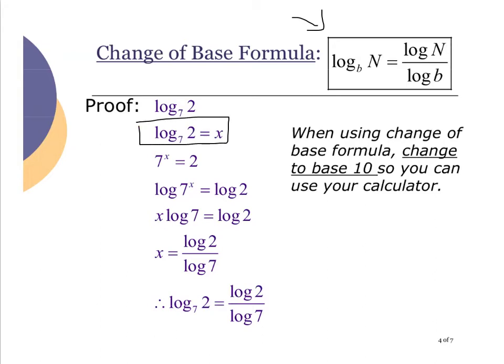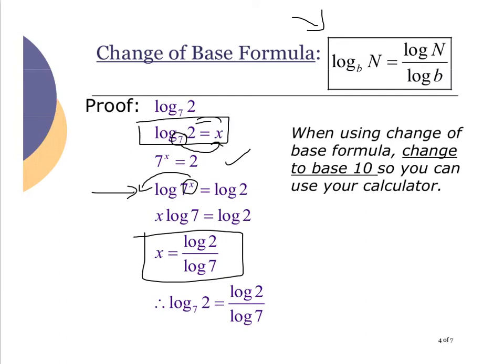And then you use your swirly method if you want, so you're going to go 7 to the x is equal to 2, and that's this one. Because I have the exponent to the power, I'm going to take the log of both sides. That's that step. The x is going to come forward, so I get x log 7 equals log 2, and then I can just divide both by log 7 to get x to be log 2 over log 7.